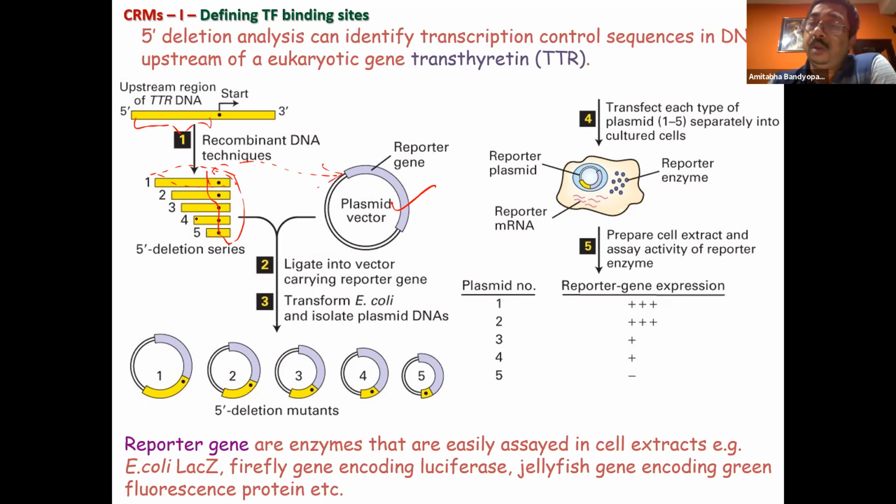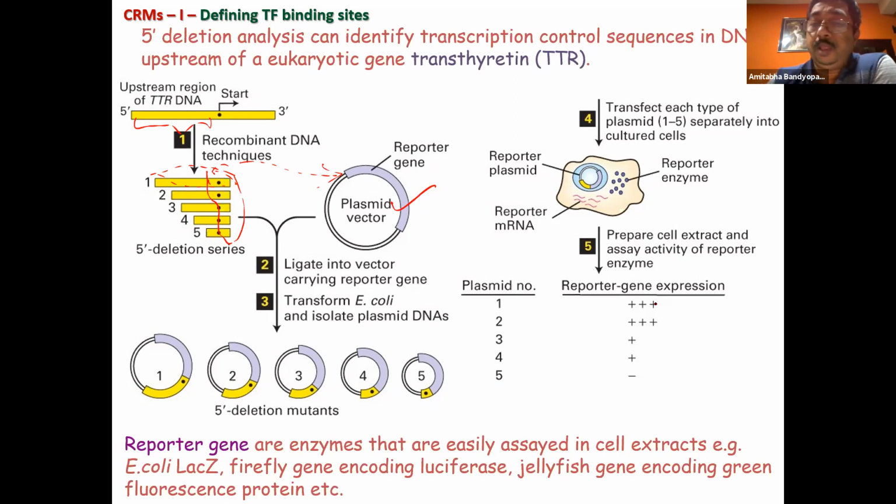And then you transfer it into the cell, a mammalian cell, and then you add the stimulus which this enhancer is supposed to respond to. And then you see where the reporter gene is coming up.